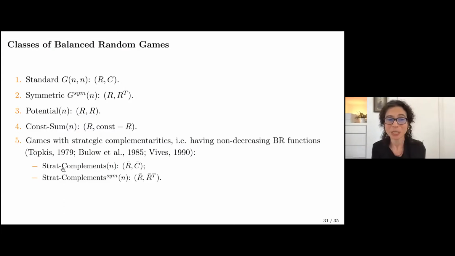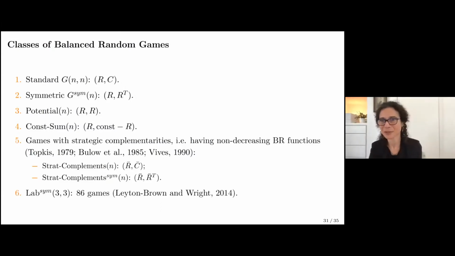And we can think about both just standard strategic complement games and symmetric strategic complements games. So I'll now show you a bunch of figures for all of these games, just to give you a sense of where our games stand relative to all these classes of games. And last, there is also the lab games that I already mentioned.